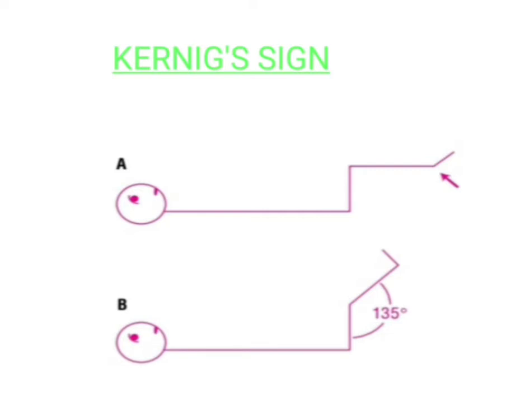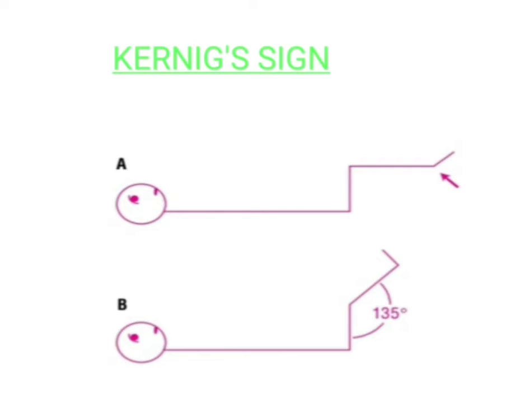First of all, you can see two figures, A and B. In figure A, the examiner raises the knees of the patient to form a 90-degree angle. You can see the 90-degree angle here, and then the examiner attempts to extend the knees. The arrow indicates that the examiner attempts to extend the knees.